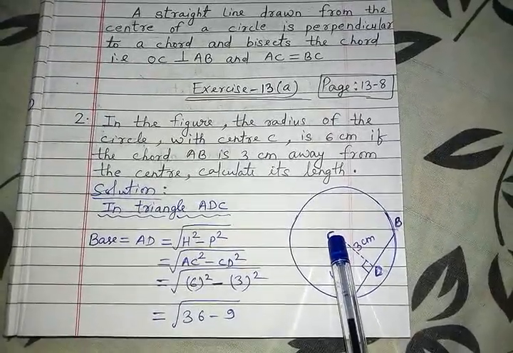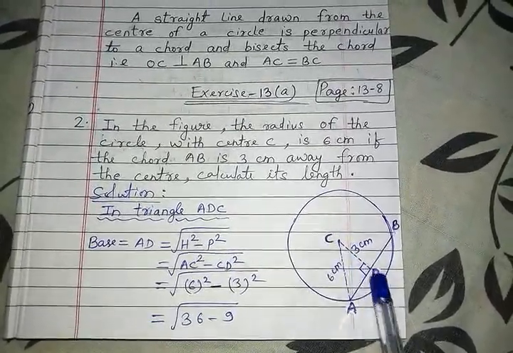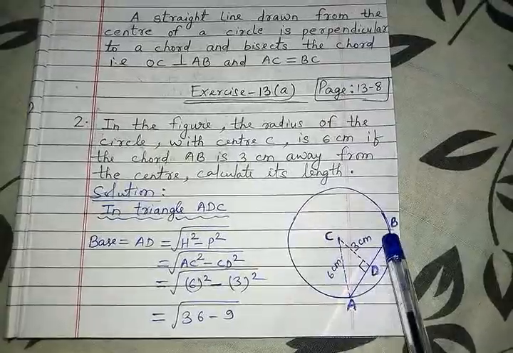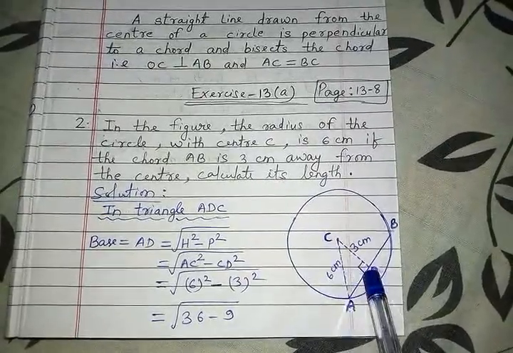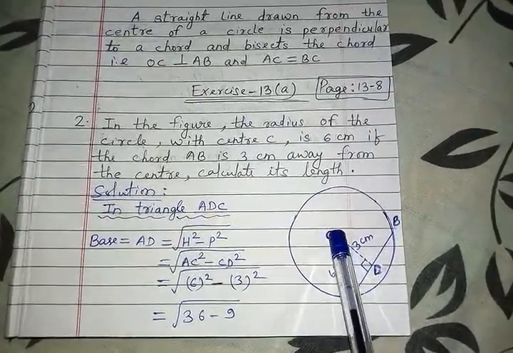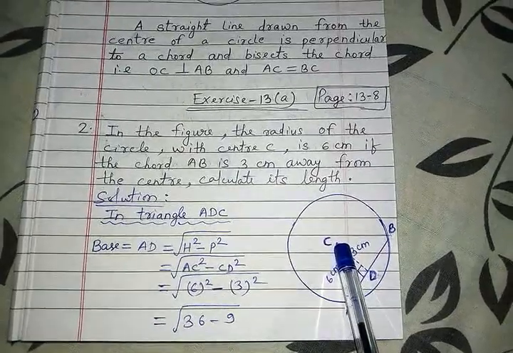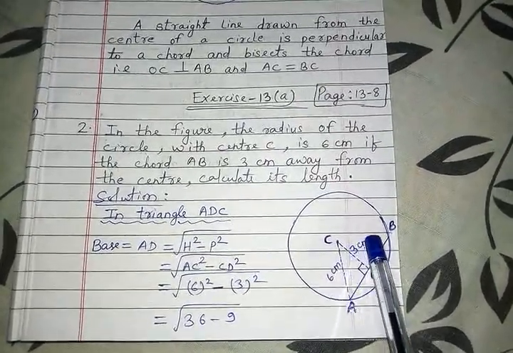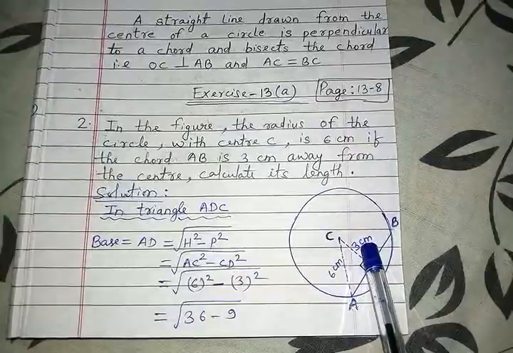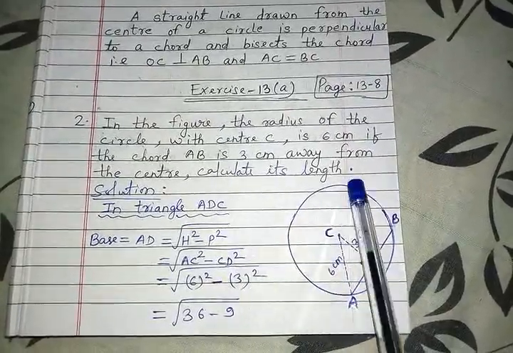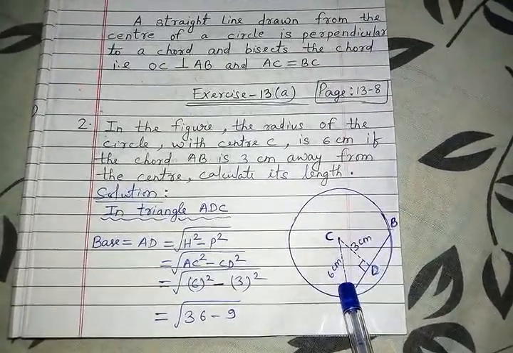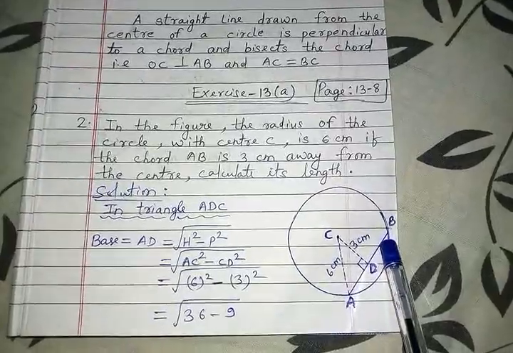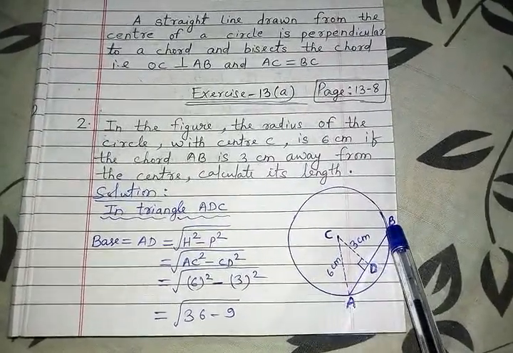That means the chord's distance from the center is 3 centimeters, that is, this particular line will be 3 centimeters. Now calculate its length, that means find the length of the chord. This is the question: you have to find the length of chord AB.